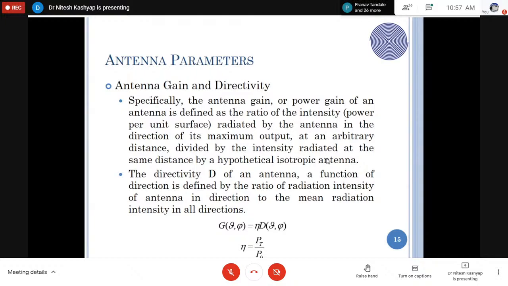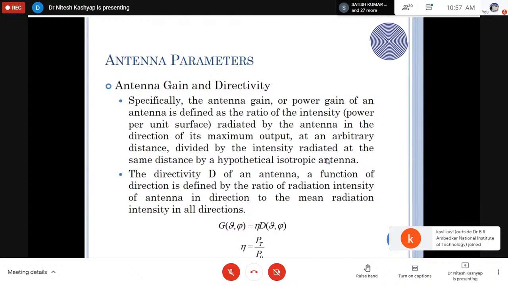The other definition is that for the radiated power of the antenna, we can divide by the power accepted by the antenna, and it is radiated isotropically.